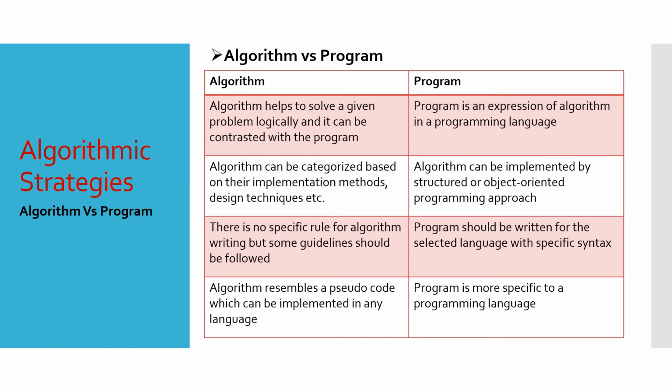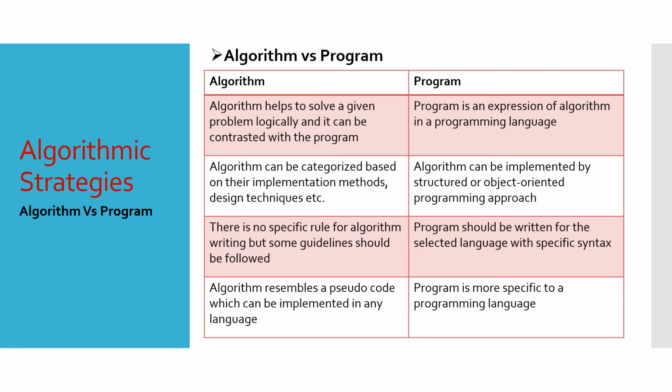Object-oriented programming approach, or any structured programming methods. And for a program there will always be a specific syntax, but an algorithm is generic, right? There is no specific rule for algorithm writing, but there are some guidelines that should be followed if you're a programmer preparing a solution.